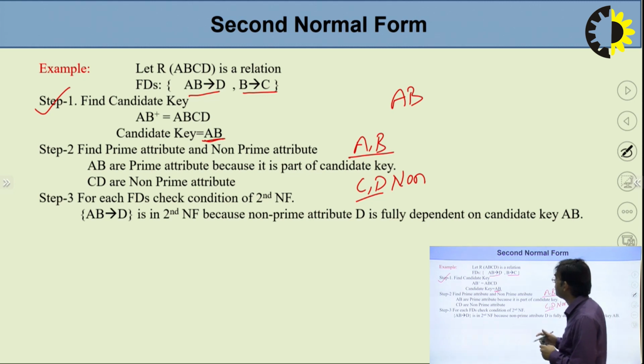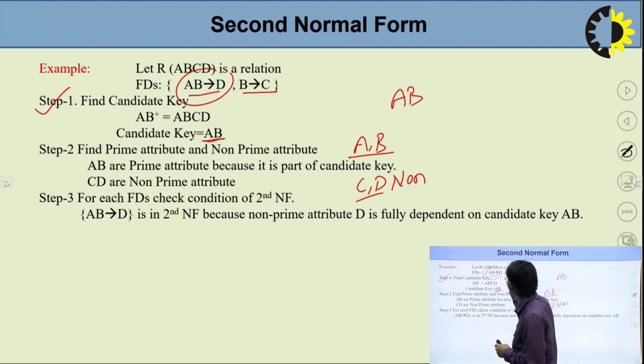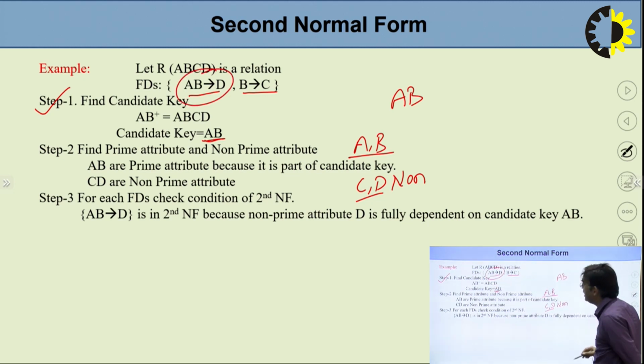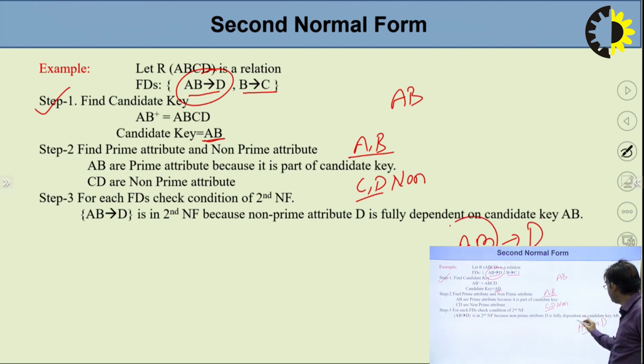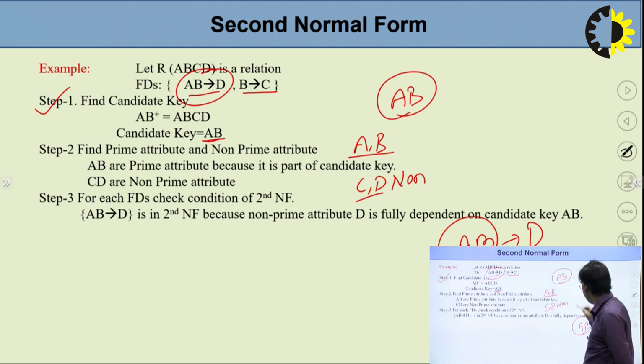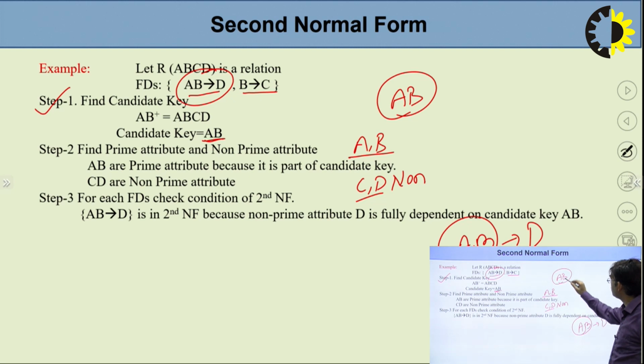Now first we take AB tends to D. We have to check whether that is in second normal form or not. Here AB is the candidate key, and D is a non-prime attribute.